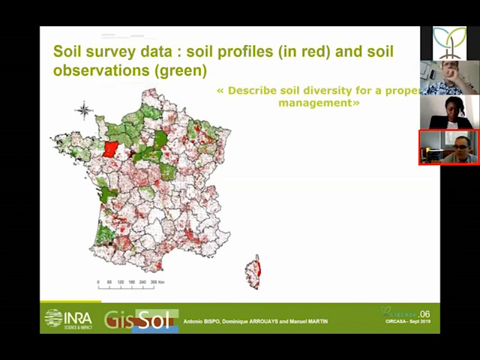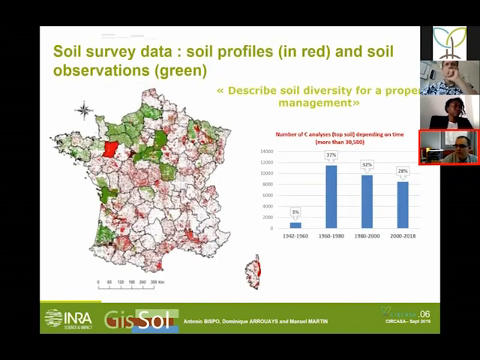And I just looked at the databases, sorry, and I took the number of carbon analyses, the topsoil analyses, depending on time. As you can see, we have quite old data in those databases, from the middle of the 20th century, and we also have new data coming from last year's analysis.